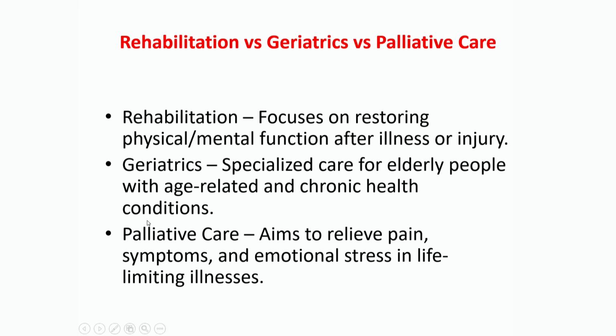So these are the three things. Rehabilitation, I told you, focuses on restoring physical and mental function as it was before the illness. Geriatrics focuses on old age related problems. During the disease you are going through rehabilitation, but because of comorbidity related to geriatrics, they manage that. And in palliative care, we only focus on the symptoms so that you can feel healthy.